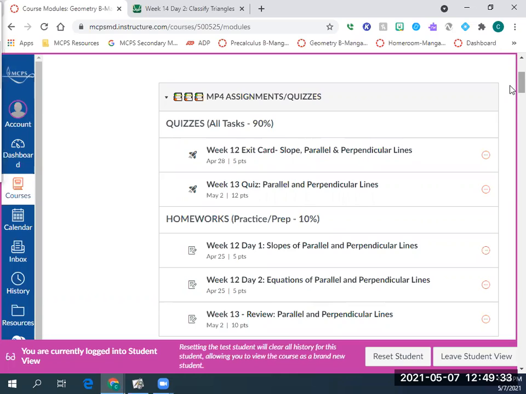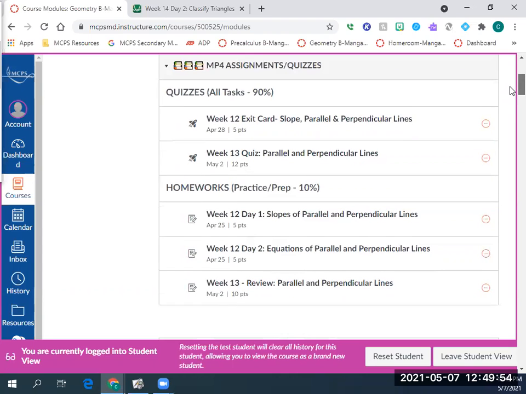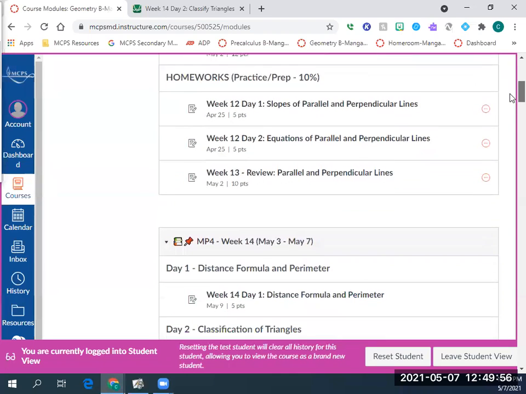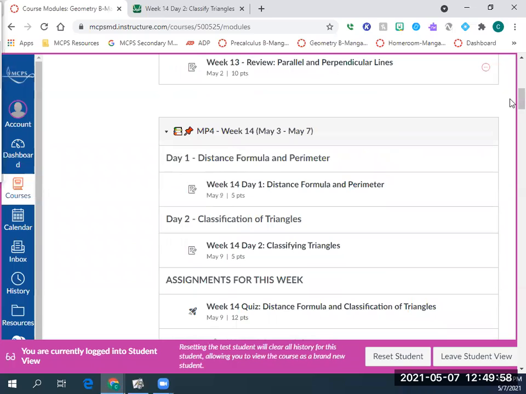Week 14 is not here yet because we are still in week 14. Next week, when we are on week 15, the week 14 assignments will be in this part of the module. After the collection of assignments and homework, the third part will be the lessons.